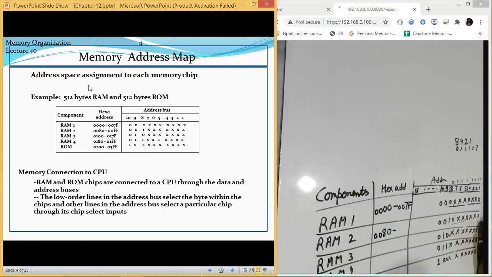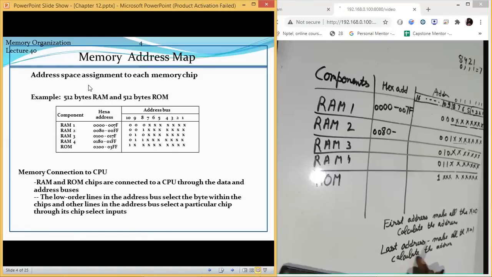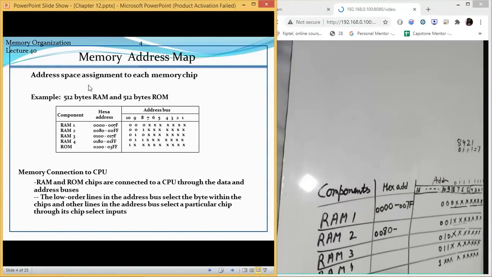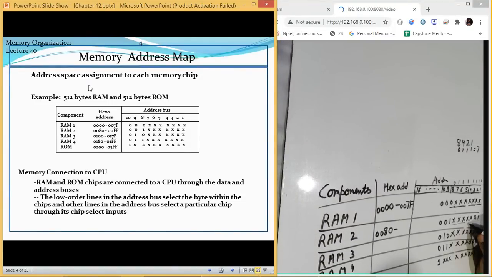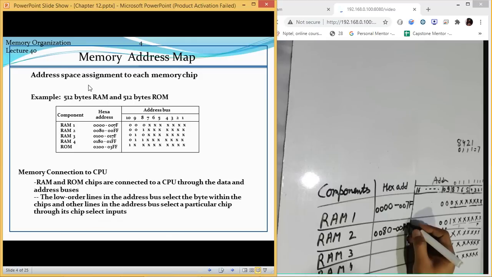If I make all these values 1 to calculate the final address, in the second case, this value will become 1 F. This value will be F, and the rest of these values will be 0. So what will the address be? 0, 0, F, F.